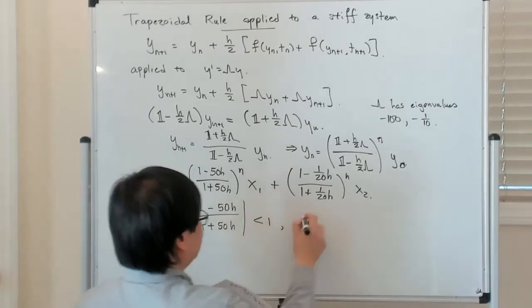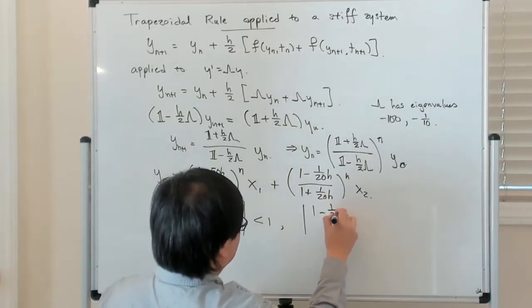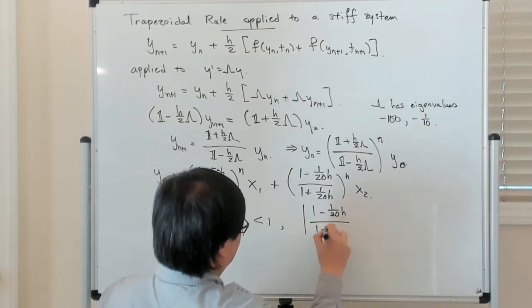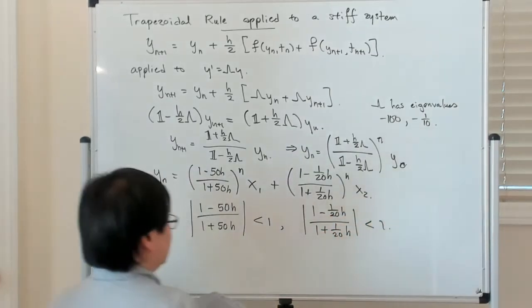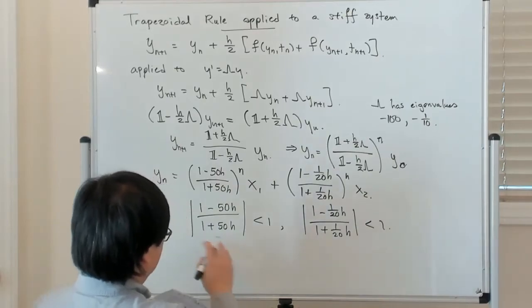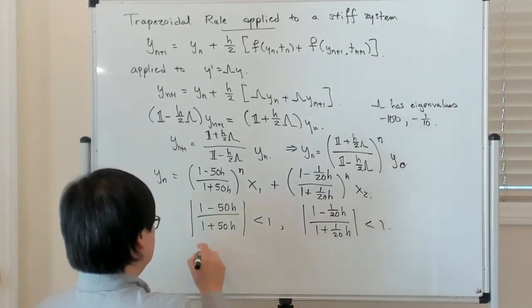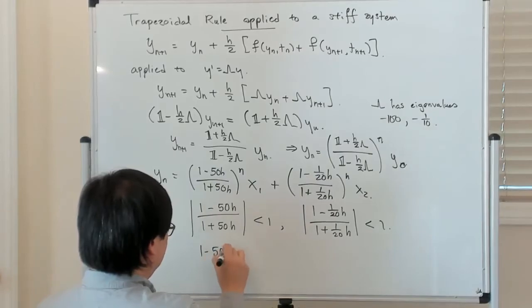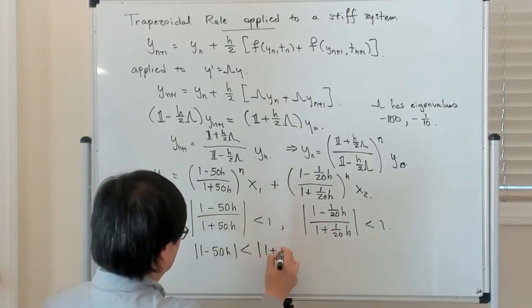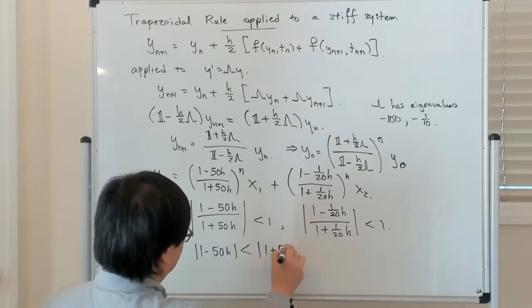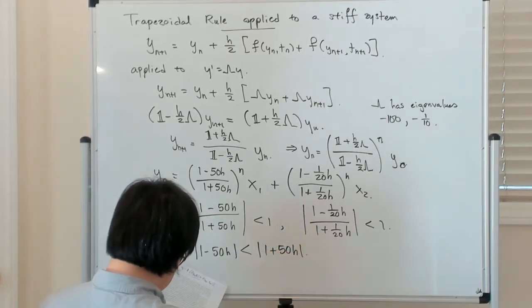And you also have the condition that |1 minus h/20 over 1 plus h/20| is less than 1. So let's look at this one. This means that |1 minus 50h| is less than |1 plus 50h|.